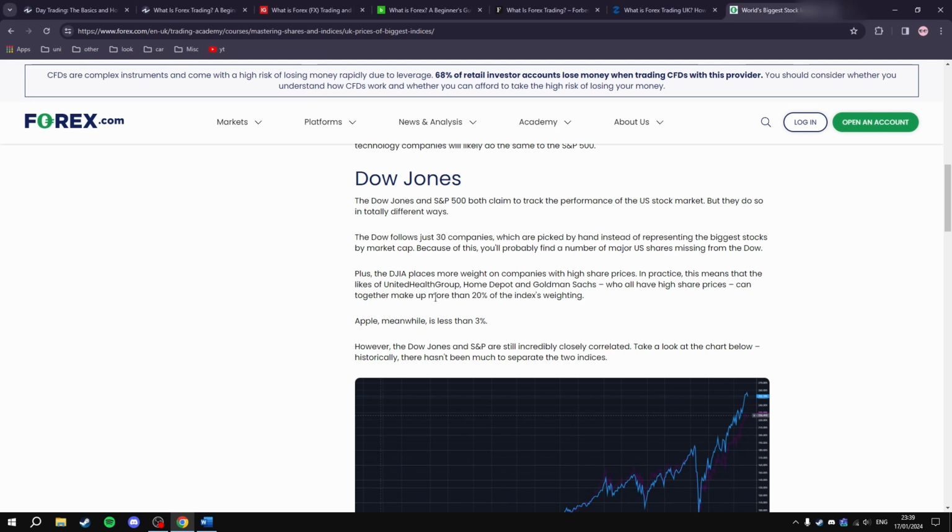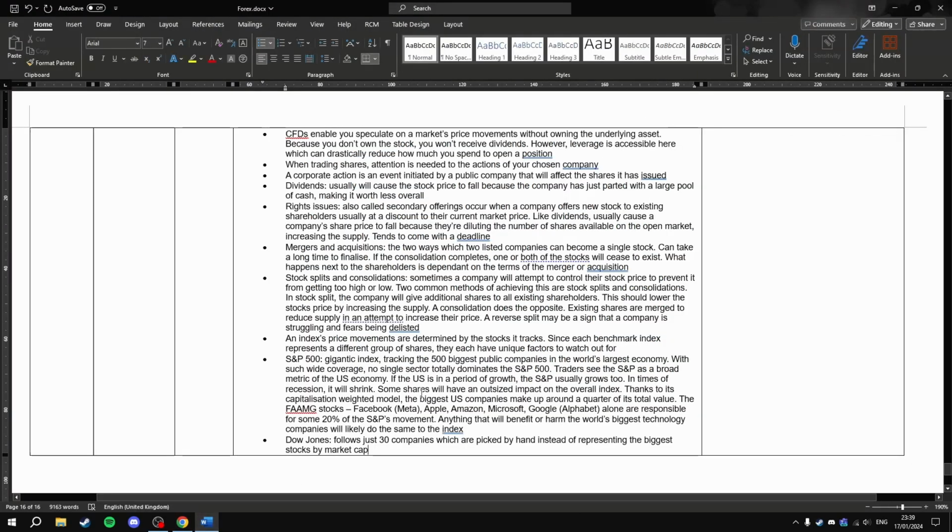Plus, the DJIA, or Dow Jones, places more weight on companies with higher share prices.